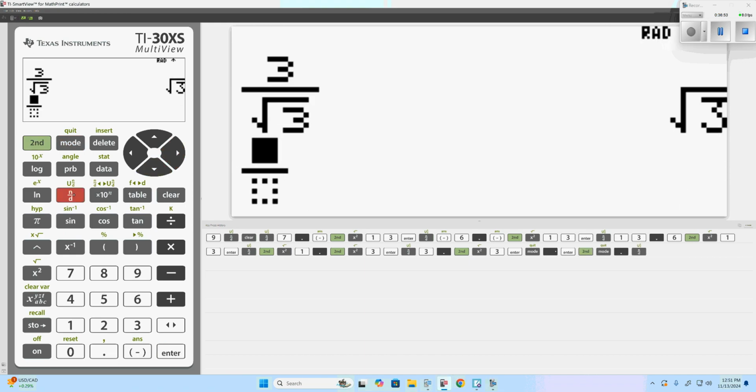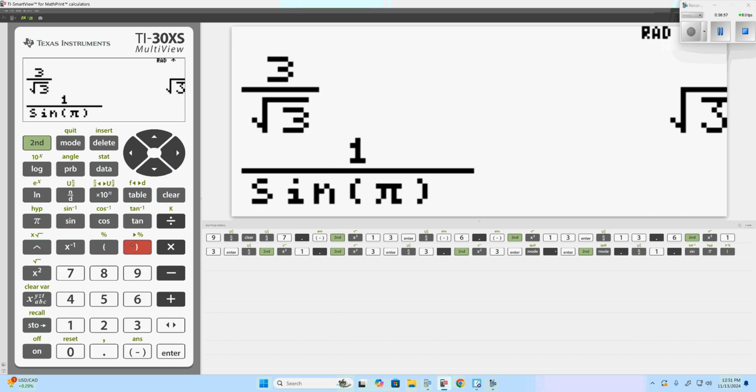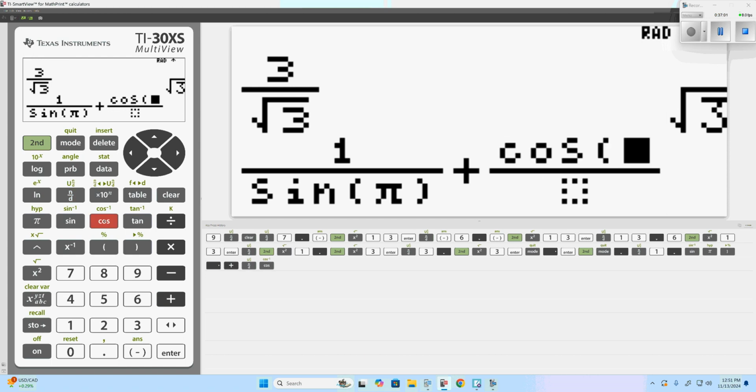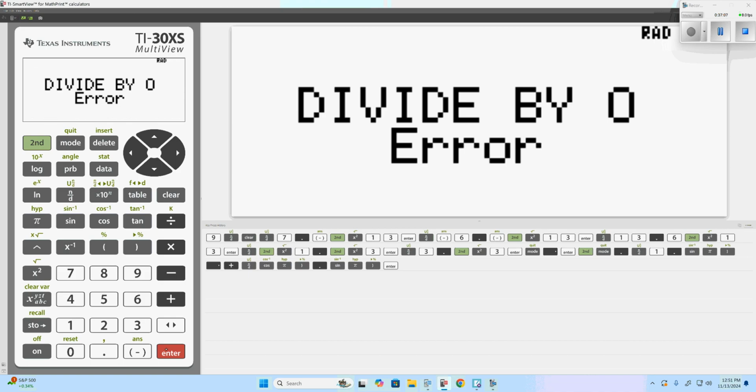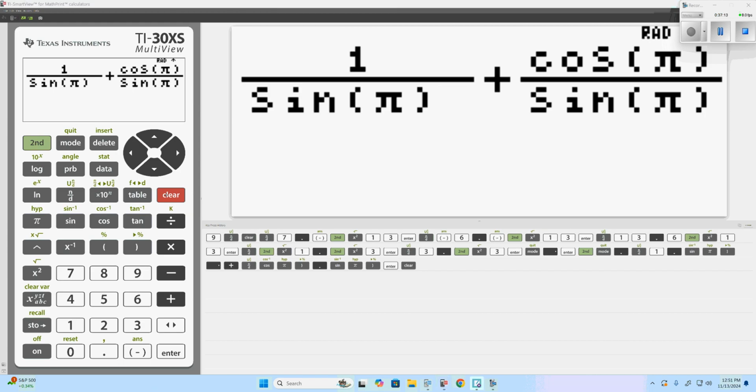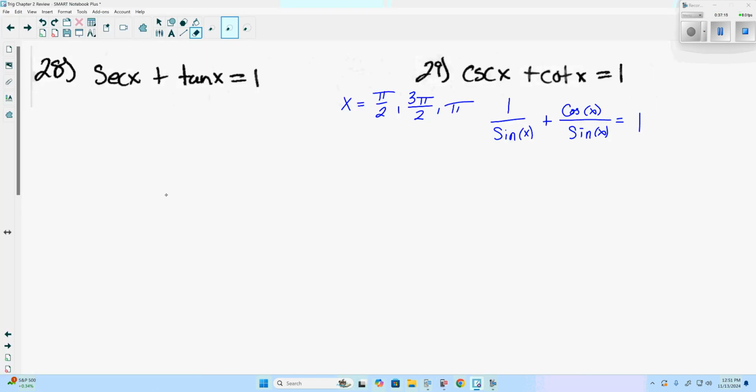So let's check this here. 1 over sine of pi plus cosine of pi over sine of pi. We should get 1. This says divide by 0, which is telling us that sine is 0 at this point, which means for us pi is out. It doesn't work. It's a false statement. It's not going to work.